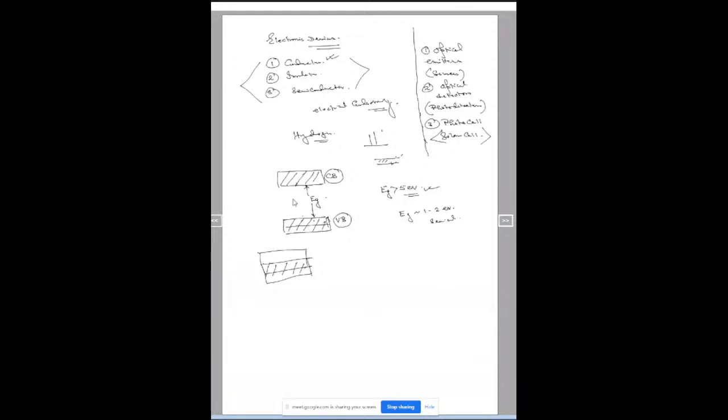And since it is a little cumbersome to draw all these bands again and again, we represent this by two lines, right? One representing the bottom of the conduction band. We write conduction band, but we show a line. What is implied is that there are allowed energy states above this and there are allowed energy states below this.